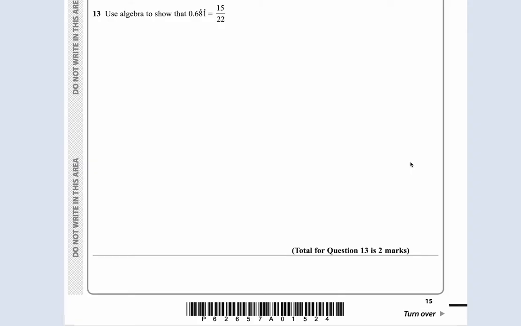Use algebra to show that this equals this. 2 marks only. Okay, so guys, there's a set way to do these. They're not easy, but you can learn the method and it's always the same.